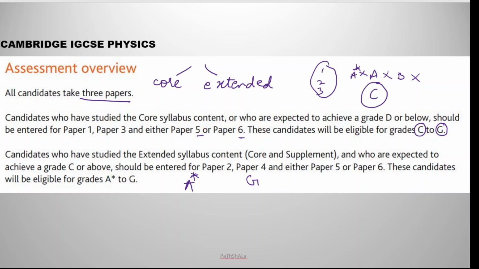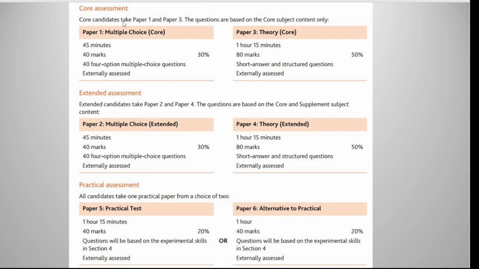Now talking a little bit about assessment for IGCSE Physics in detail. Core assessment, students go for paper 1, paper 3. Paper 1 is multiple choice. You get 40 questions and you get 45 minutes. 40 questions, 45 minutes, and the weightage of this paper is 30%.